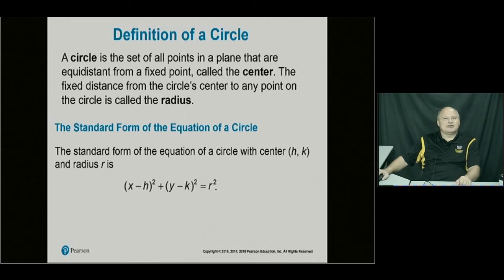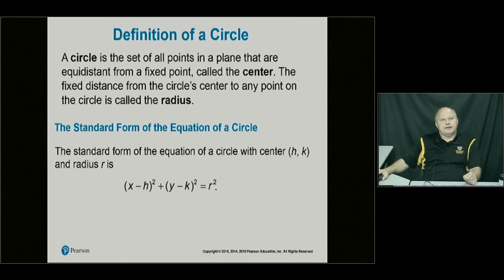Well, the difference of the x coordinates is x minus h in this case, because h is the x coordinate of the center. And k is the y coordinate of the center. So basically the radius is equal to the square root of those 2 things. So that's the distance from the center to a point on the circle, right? Well, all they're doing is now squaring both sides to get rid of that radical.